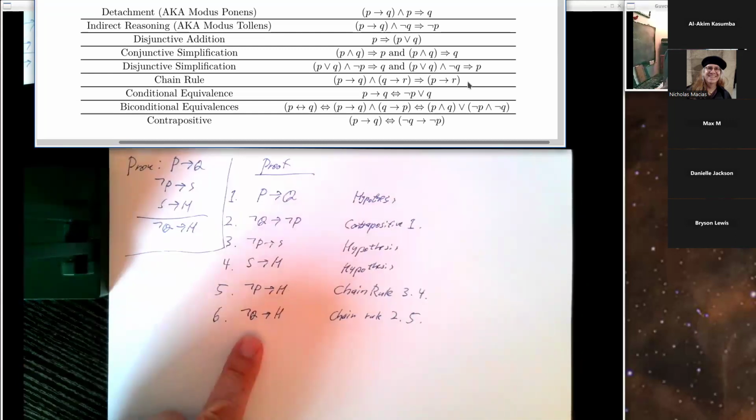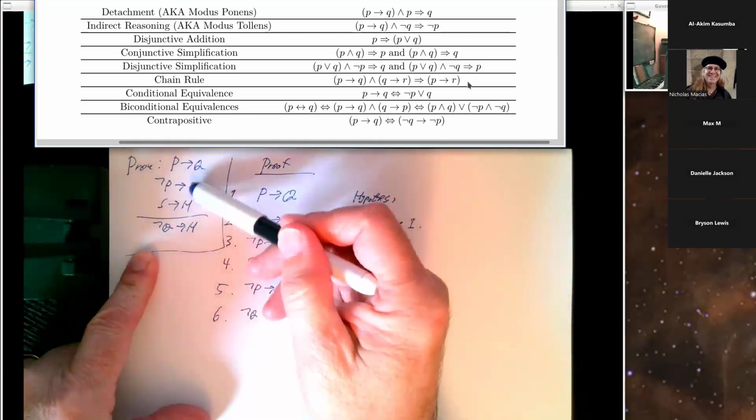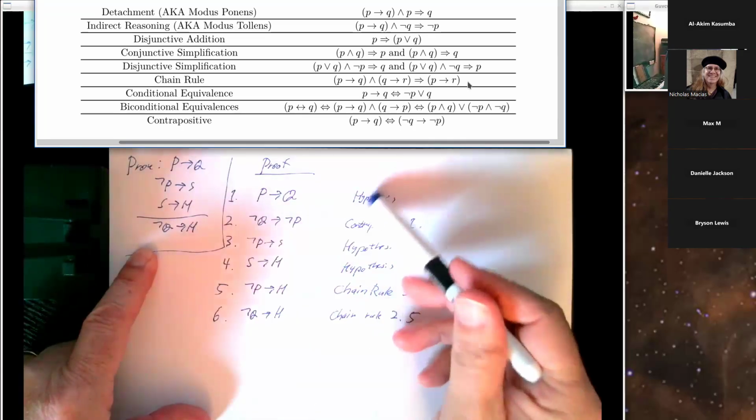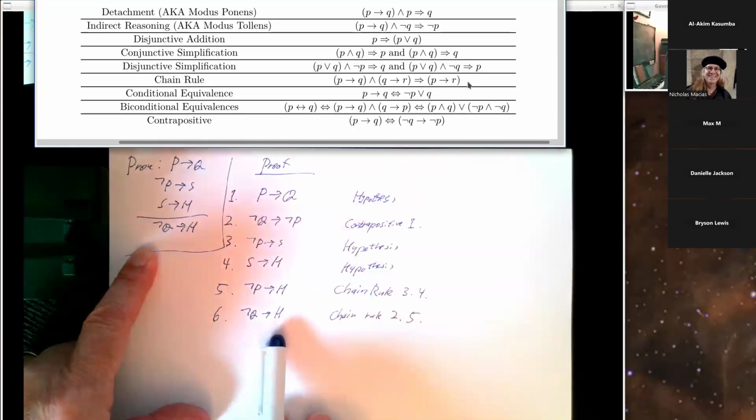This is what we're trying to show, right? We're trying to prove if these 3 things are true, then not Q implies H. Well, using these 3 things and assuming that they're true, we just demonstrated not Q implies H. That's the end of our proof, right? We've shown what we're trying to show.